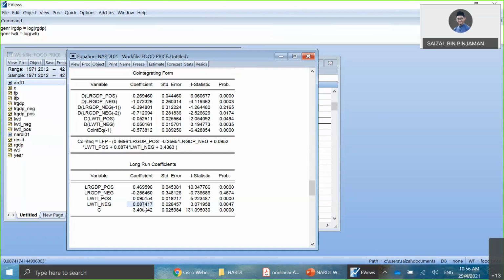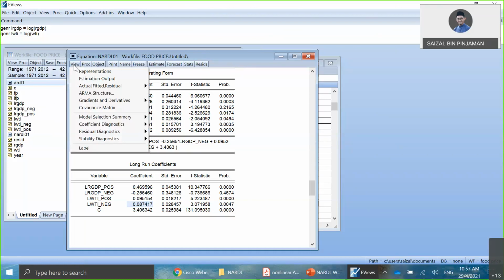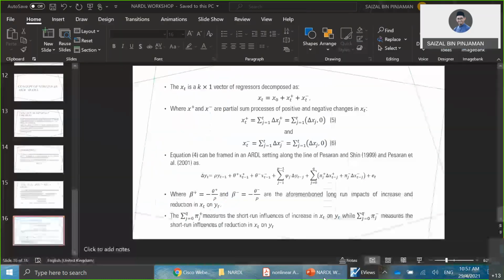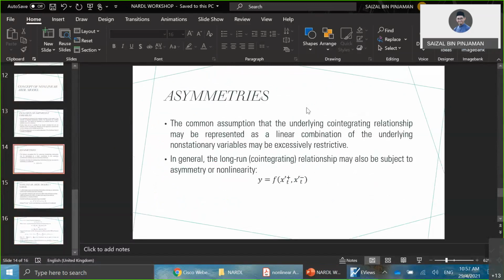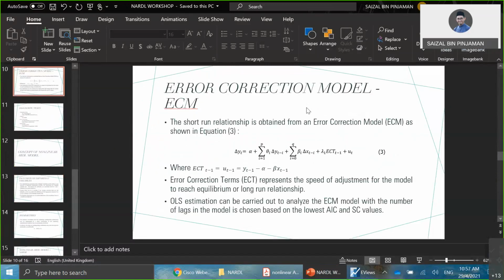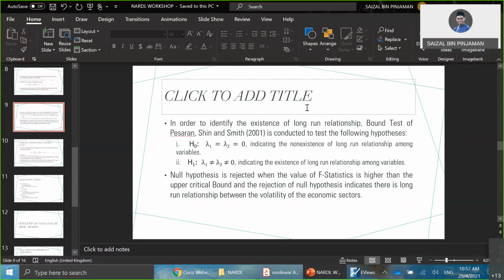Before we go to the error correction term to study the short run relationship, another important analysis that we can conduct for both NARDL and ARDL, which I forgot to show before this, is the bound test. What is the bound test? If we refer back to this slide, I mentioned it here if I'm not mistaken.